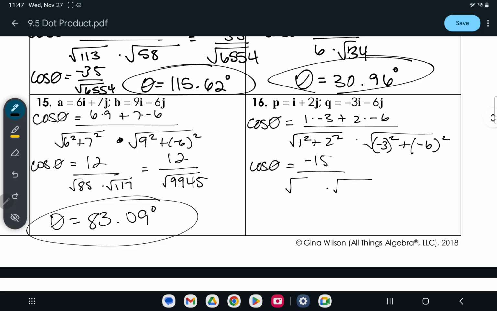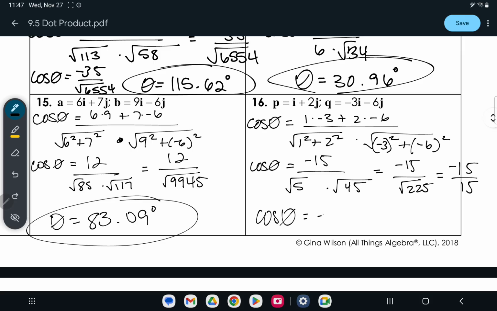And then let's see, 1 and 4 makes 5, and 9 and 36 makes 45, which gives me 225, and I believe that's a perfect square. Yep. So negative 15 over 15.